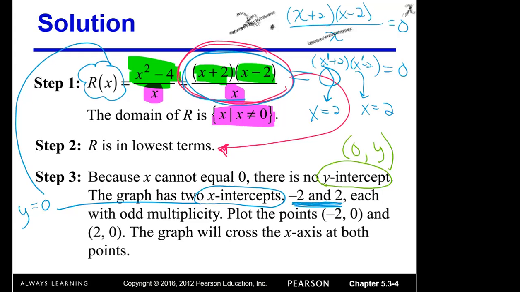And the multiplicity on that will tell you whether it touches the graph or crosses the graph. Remember, if it's odd, 1, 3, 5, 7, it'll cross. So these will both cross the x-axis. It won't curve and touch it, it'll cross right over it.